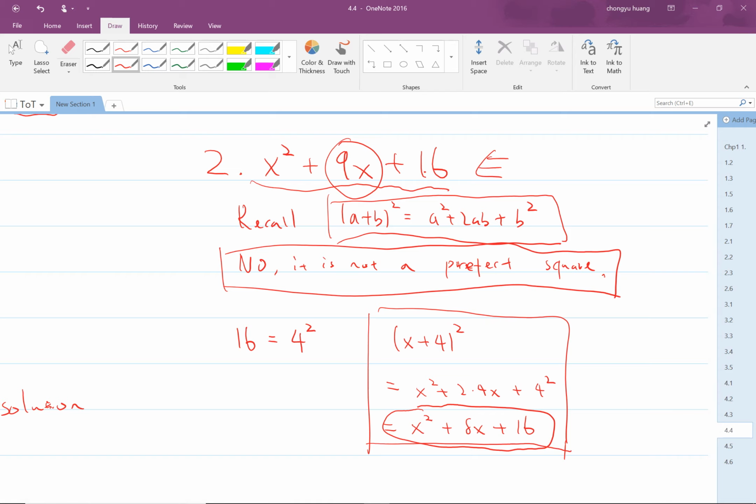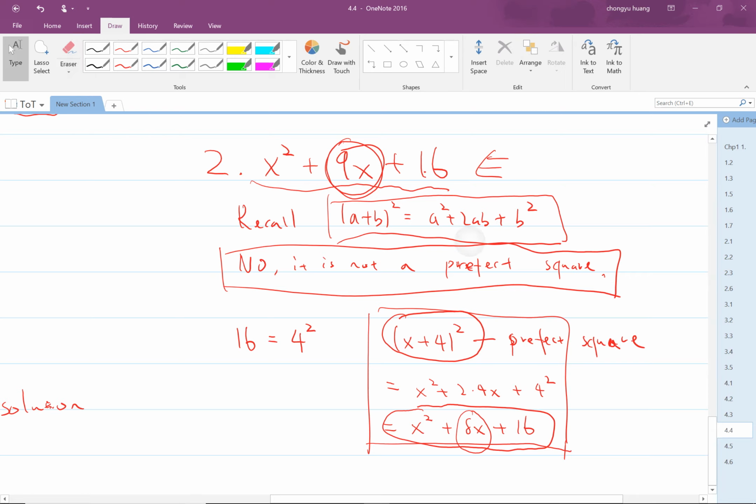So if you don't understand it, over here (x plus 4) squared is actually a perfect square, right? So this one is a perfect square. But in order to have a perfect square, we need to have 8x.